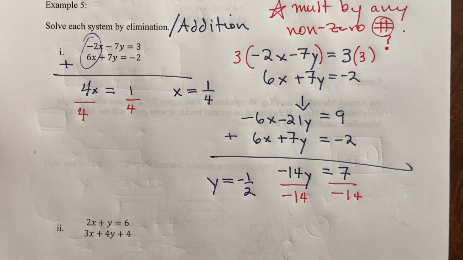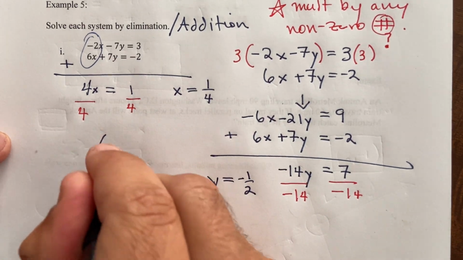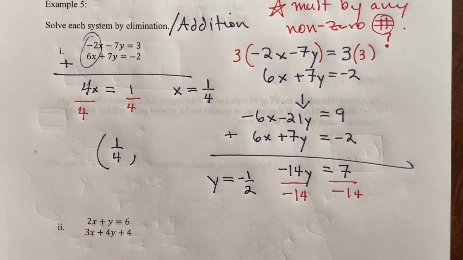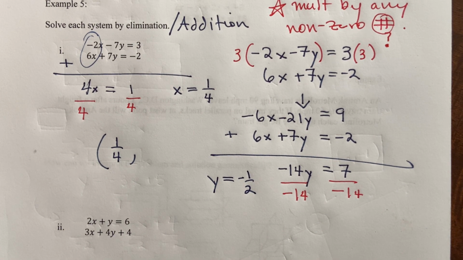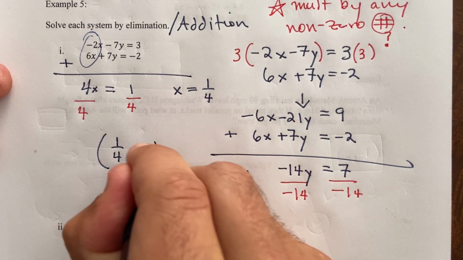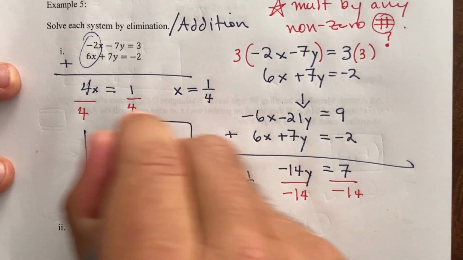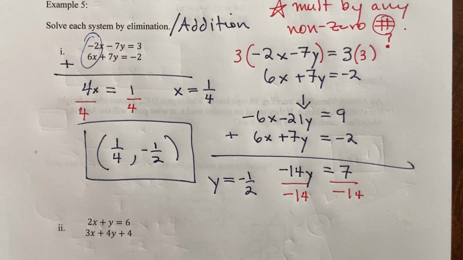So we have our solution now. It's x, and I'll write it as an ordered pair, and y was our negative 1/2. That's the elimination method, also known as the addition method.